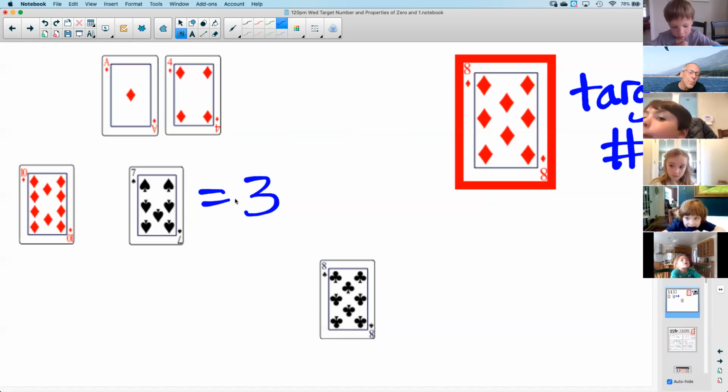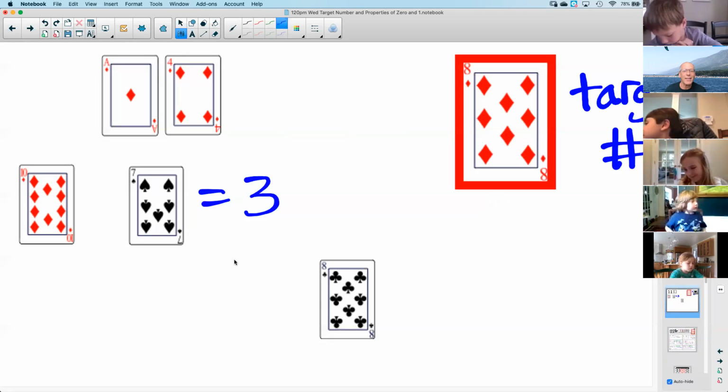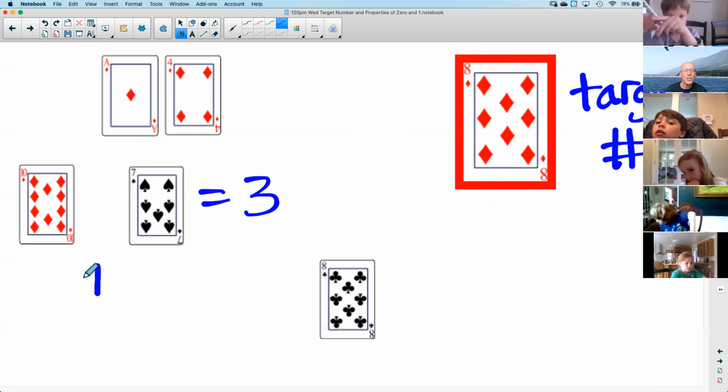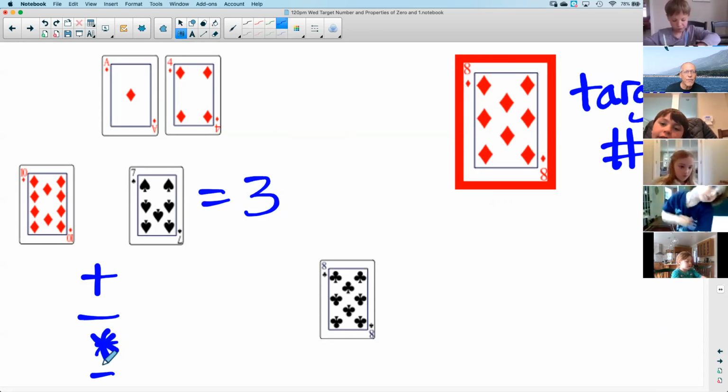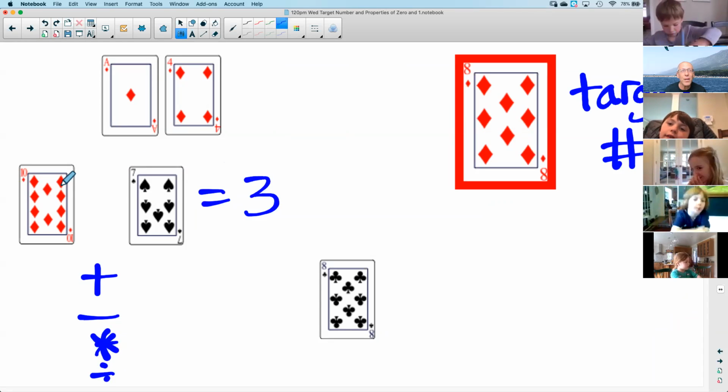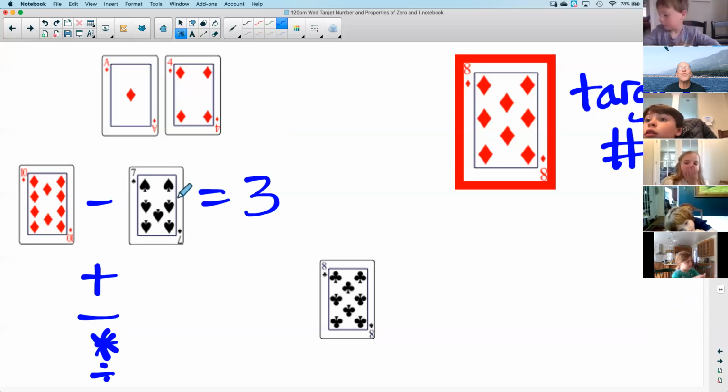Would I multiply it? Would I divide it? What do you guys think I should do? Say it out loud if you've got an idea. How do I get 3? I have 10 and I have 7. Subtract. Of course. Subtract 7 from 10 and you get 3.